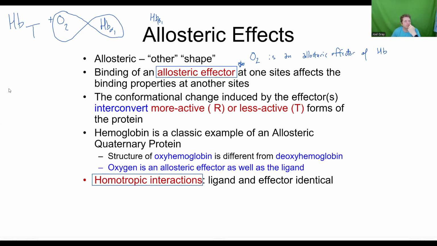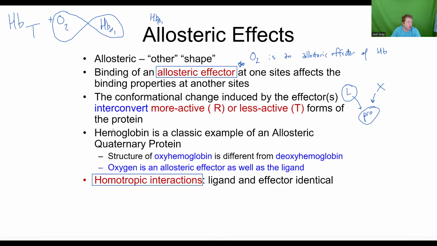To use an alternative example, let's say that we have a protein that I'm just going to label as Pro. You could have a ligand that binds to that protein, and then molecule X that also binds to that protein. Binding of molecule X to this protein isn't necessarily carrying out any unique function, but maybe it facilitates binding of L, causes a shape change, and enhances the binding affinity.